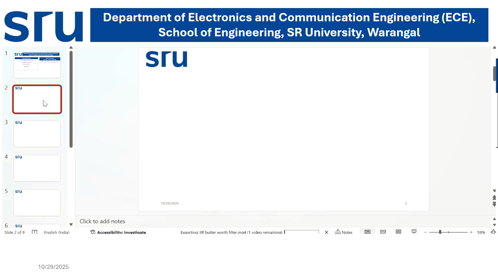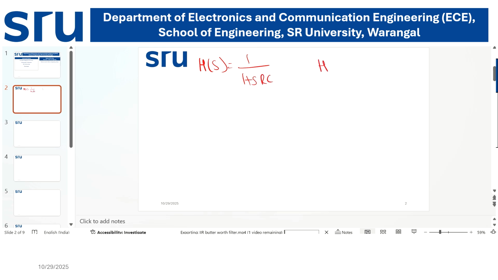So in the last class we have discussed what a filter is, how many types of filters there are, and how they are classified. Firstly, if I consider an RC circuit, the analog filter will have a transfer function H(s) = 1/(1 + sRC).